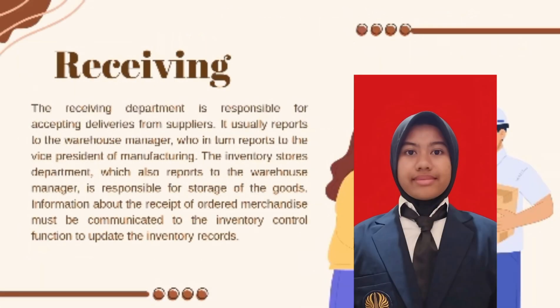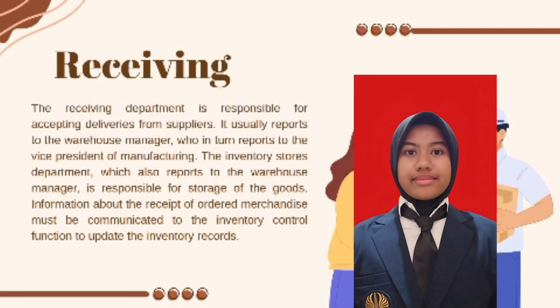Next is receiving. The receiving department is responsible for accepting deliveries from suppliers. It usually reports to the warehouse manager, who in turn reports to the vice president of manufacturing. The inventory stores department, which also reports to the warehouse manager, is responsible for storage of the goods.